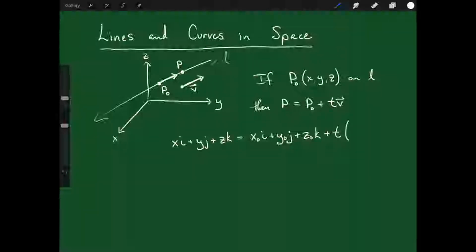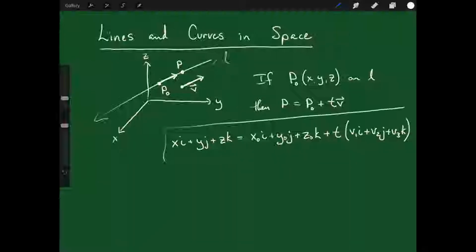But v is v1i plus v2j plus v3k. All right, so this would be a way of writing this new point.